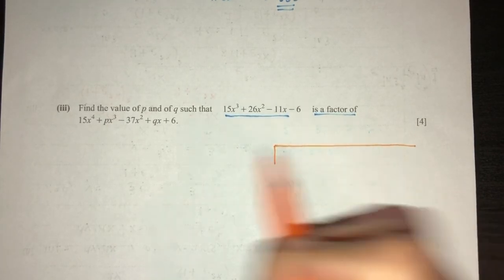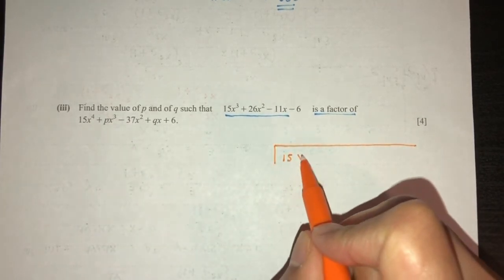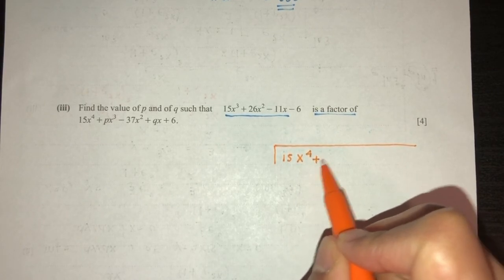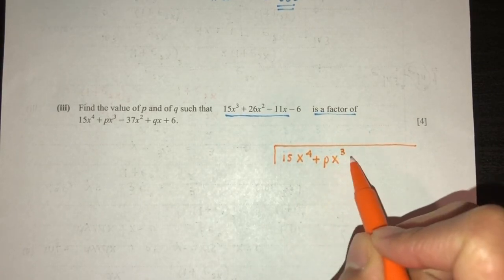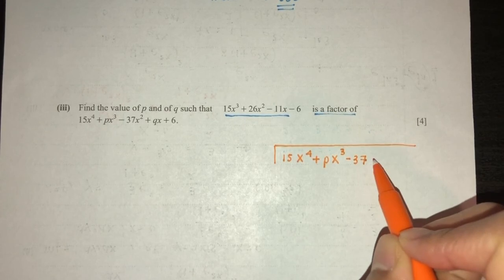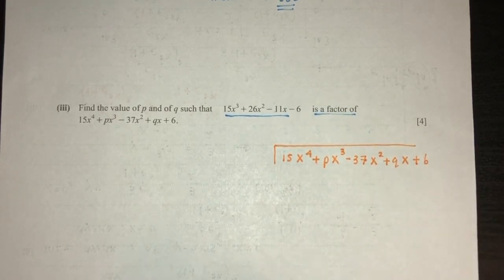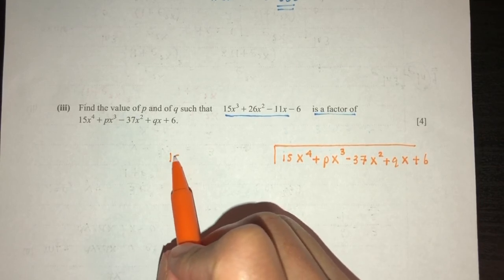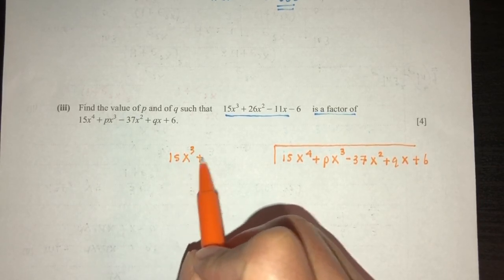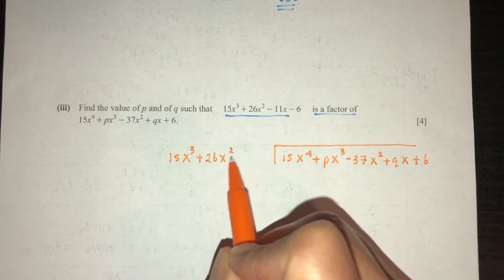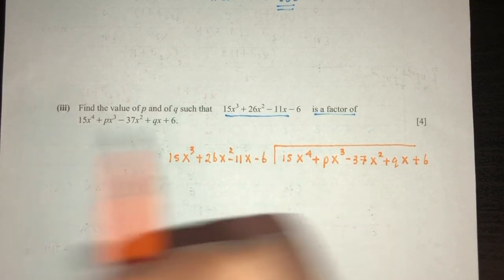So you have this: 15x to the power 4 plus p x cubed minus 3 x squared plus qx plus 6. This is the factor, which is 15x cubed plus 26x squared minus 11x minus 6.